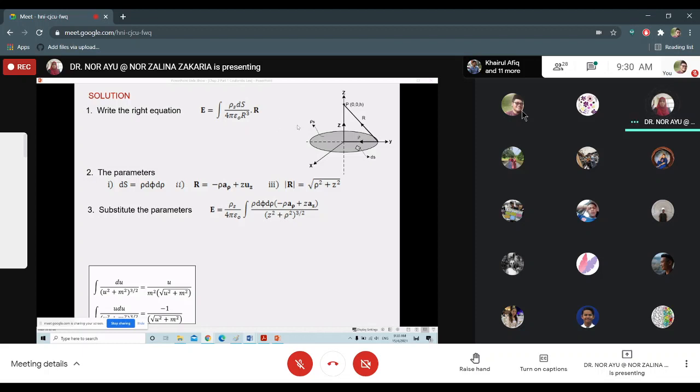Okay. So again, if you look over here, what is the surface of this? Okay, please refer to your coordinate systems notes. Okay, and look into the ds for cylinder. Okay, so which surface is this?